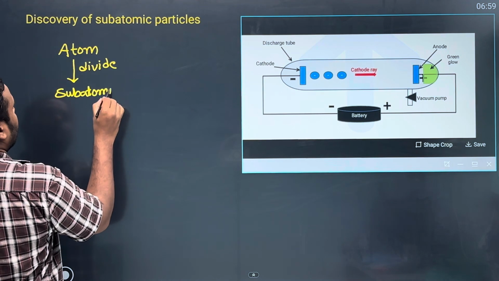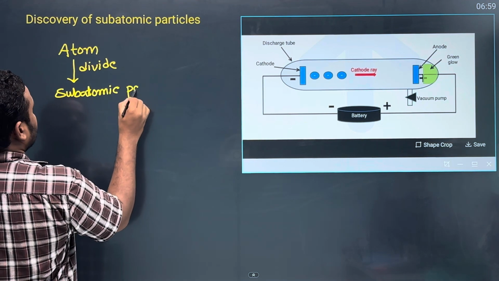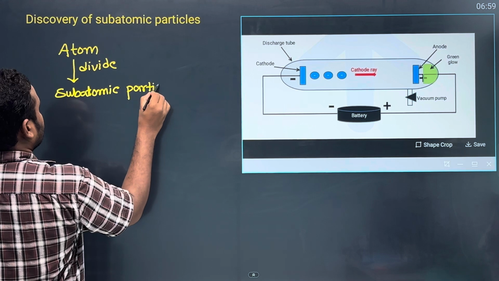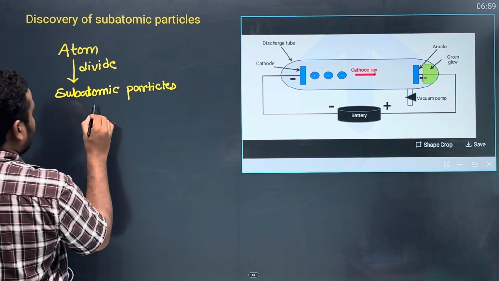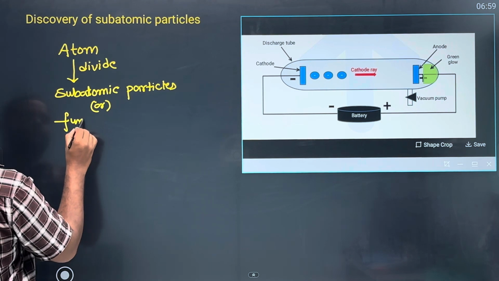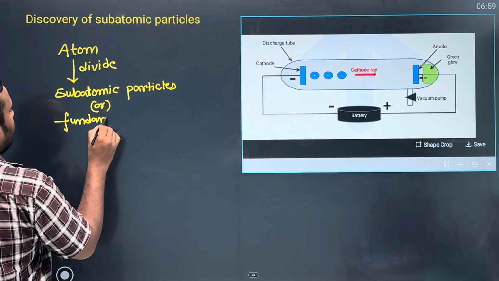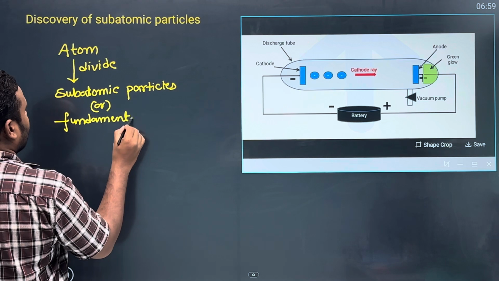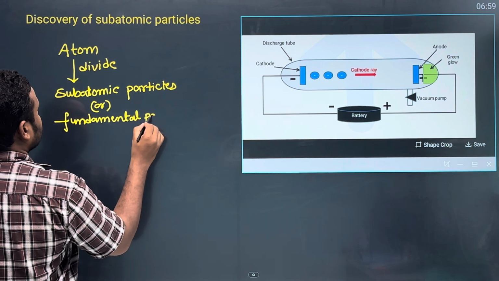These are also called fundamental particles.